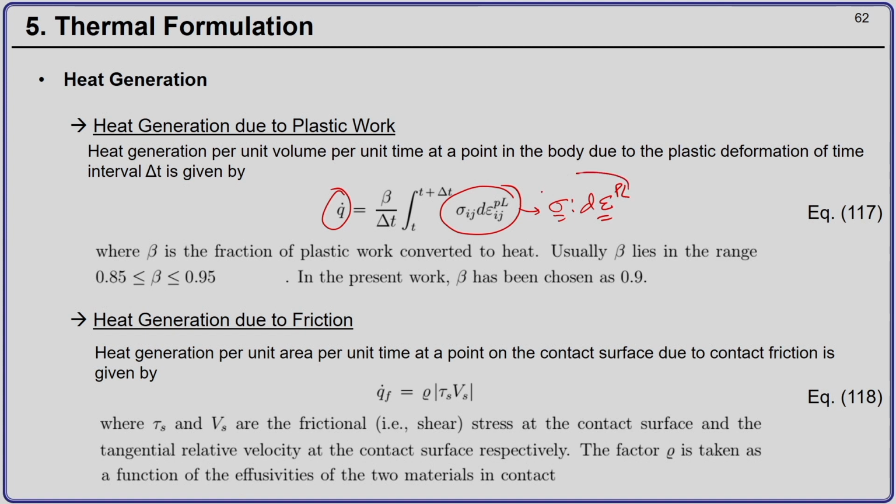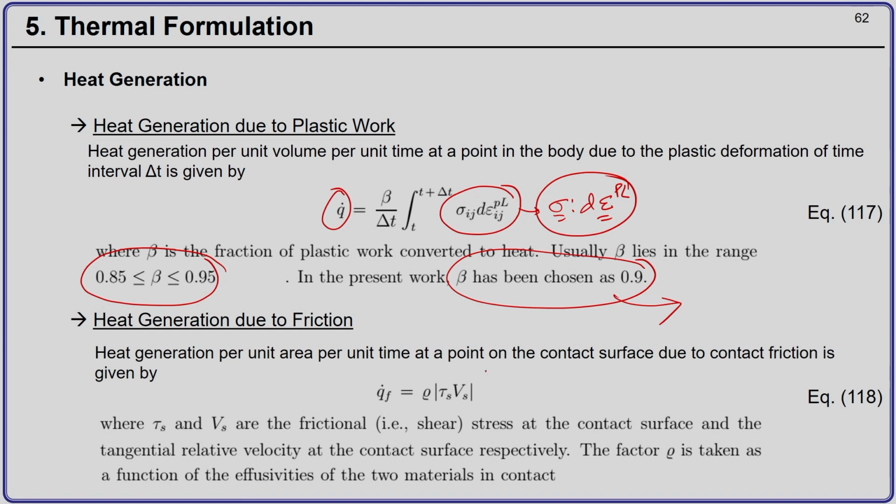This is the plastic work that is being dissipated, and a bulk of it, roughly 90% of it, is converted to heat. This beta is a factor which says how much of plastic work is getting converted to heat, and experimentally people have found that this beta lies in the range of 0.85 to 0.95. So, in all the simulations that we will show, we will take beta as 0.9.